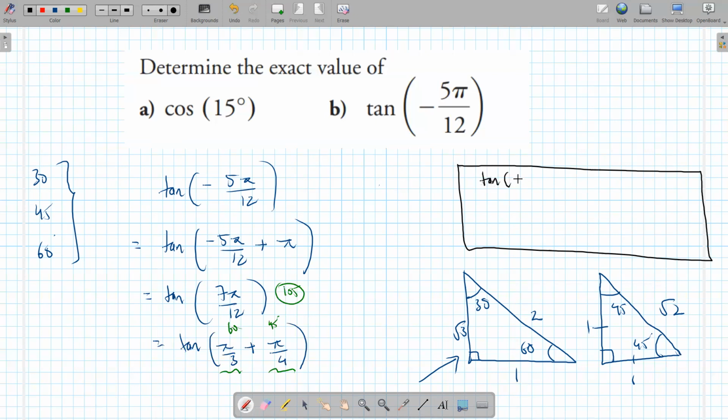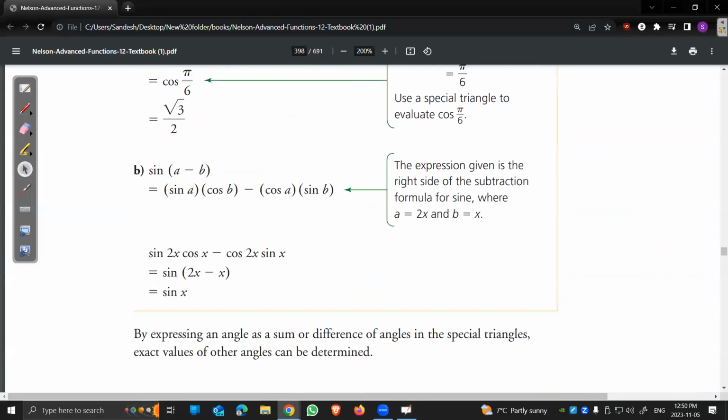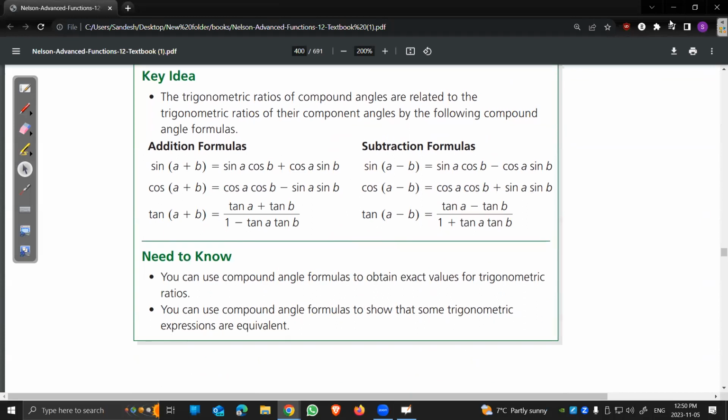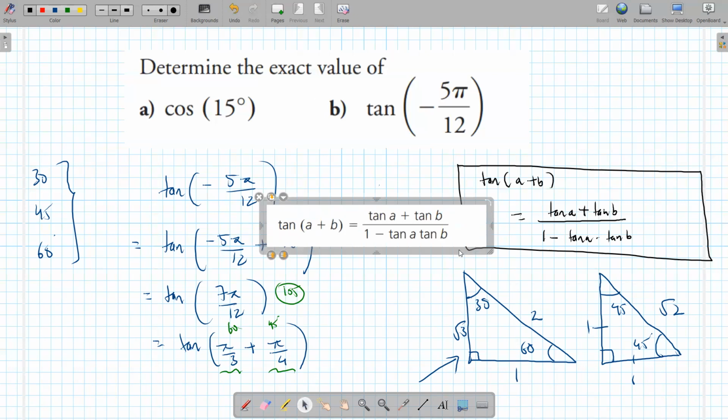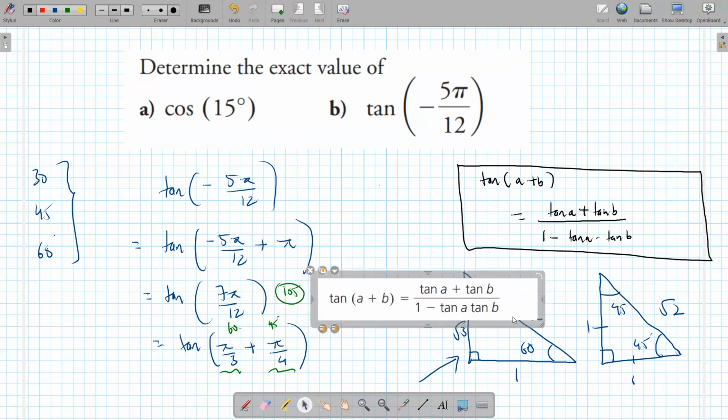So we have this, tan of A plus B. The formula for this is tan A plus tan B, all over 1 minus tan A times tan B. Let me just double check. Yeah, this is the formula, which is what I had.